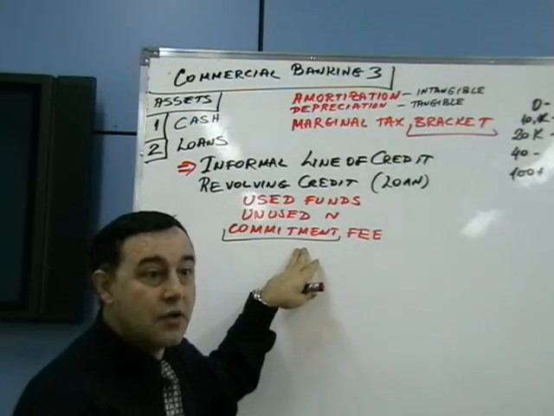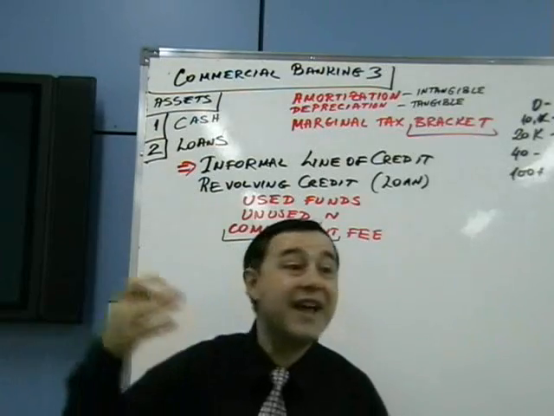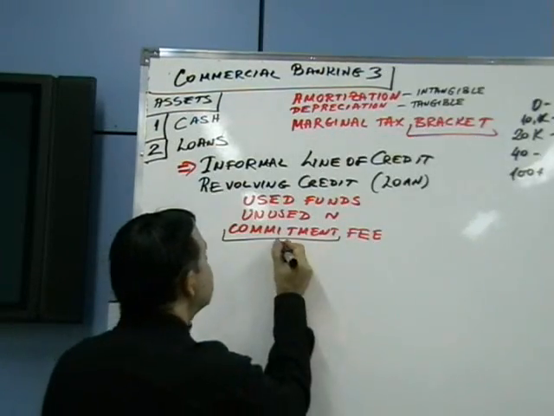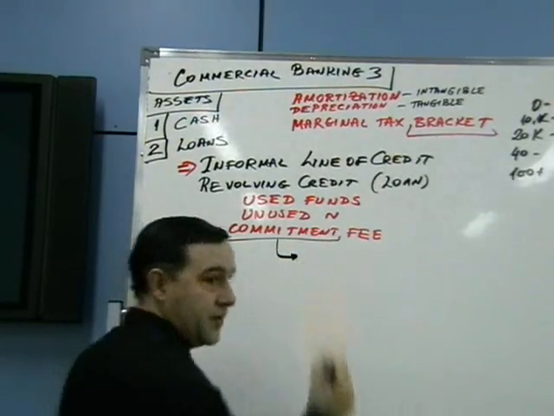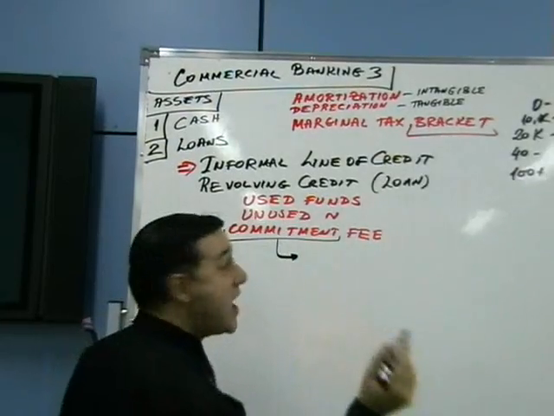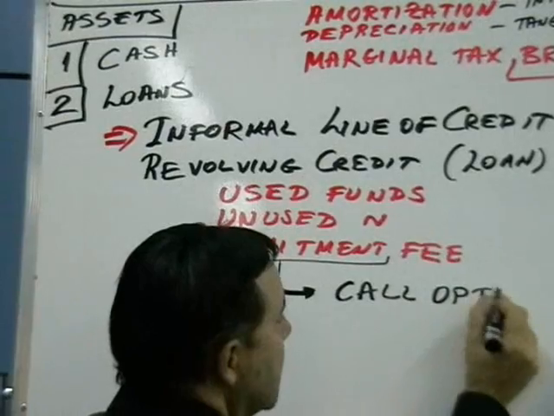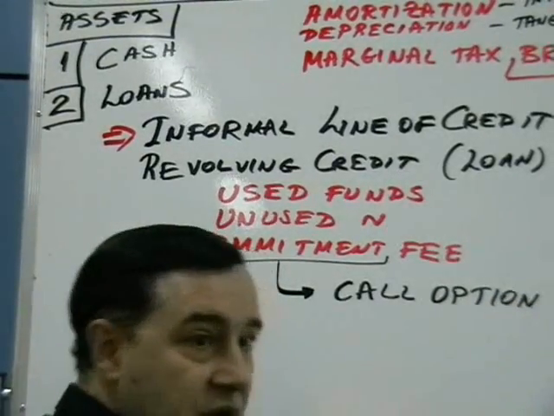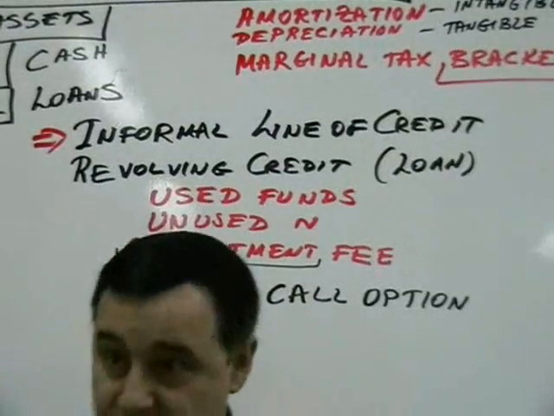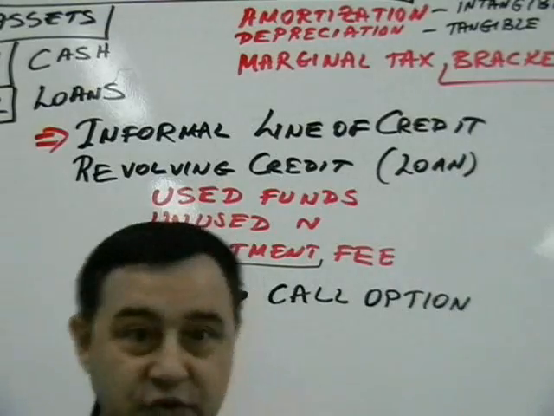With a bank, the bank says, if you get in trouble, I'll give you 10 million. So the commitment, let's put it in a very different way, is a call option. The commitment means, if you need the funds, I'll give them to you, up to 1 million, up to 12 months from now.